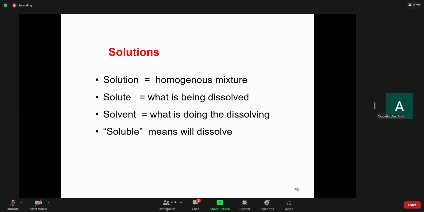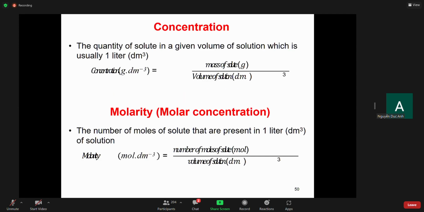So this is introduced before: the solution includes solute and solvent. Of course, the solute needs to be dissolved in the solvent. So there are two things to help me remember the concentration.